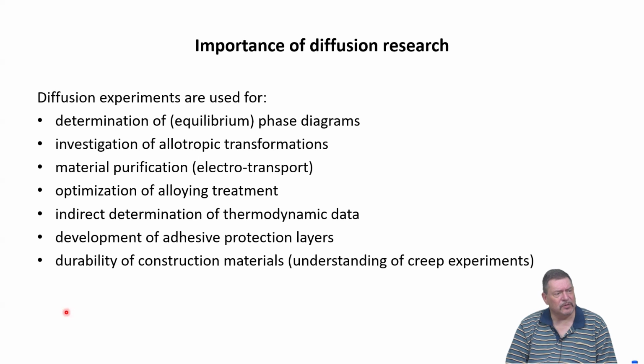Because you can really use them to, for example, determine equilibrium phase diagrams. You can investigate transformations, purify a material and get the kinetics out of that, optimize alloying treatments. So all of these things are specifically important for people working in metallurgy.